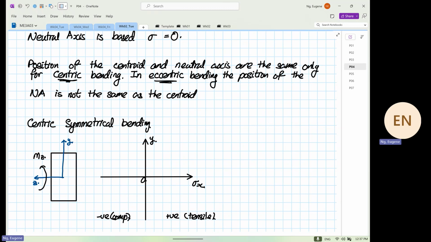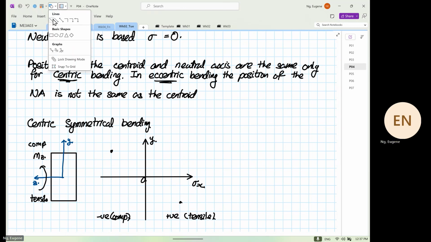And here is our zero in terms of stress. Where our moment vector is pointing, this is compression. Over here is what? Tensile. So when Y is positive, it is in compression, and when Y is negative, it is in tension. So you draw your straight line.